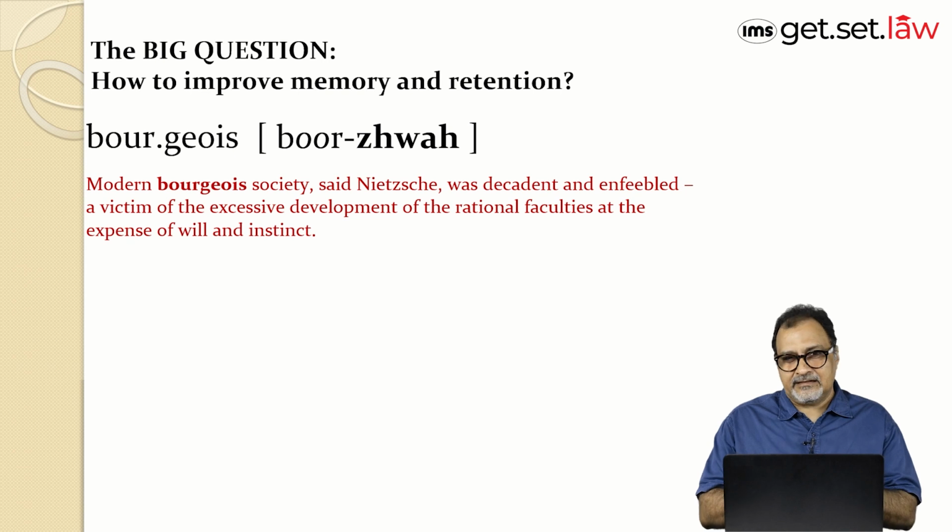It was decadent, decaying, enfeebled, weak. It depended too much on rational faculties, that means too much on the logic part of it rather than willpower and instinct. So that is how we use the word in the context of a sentence.